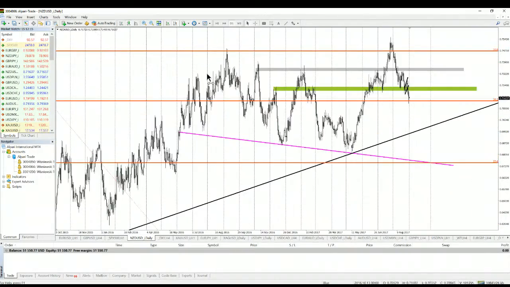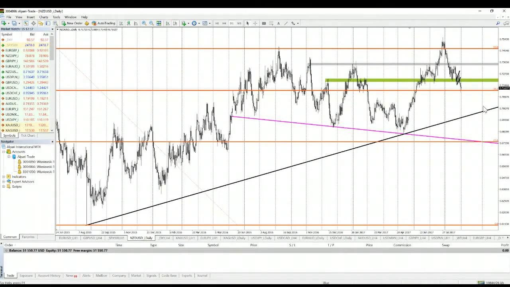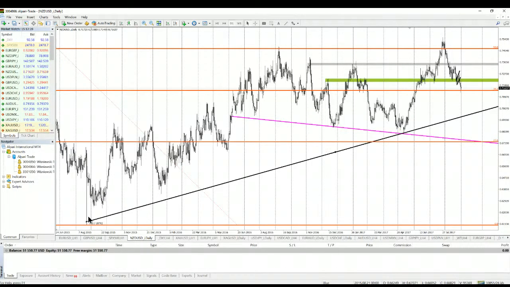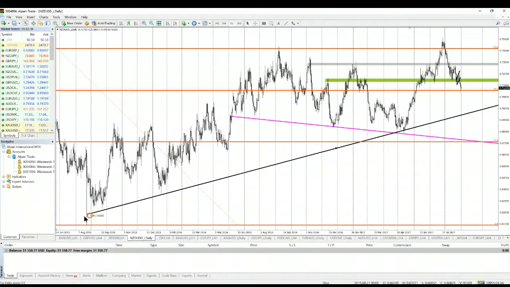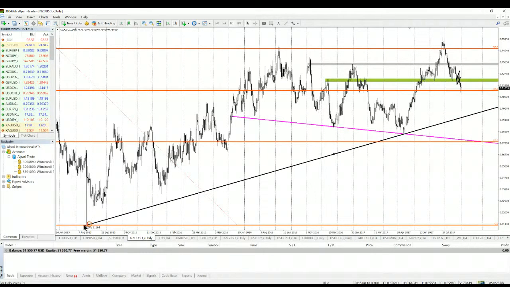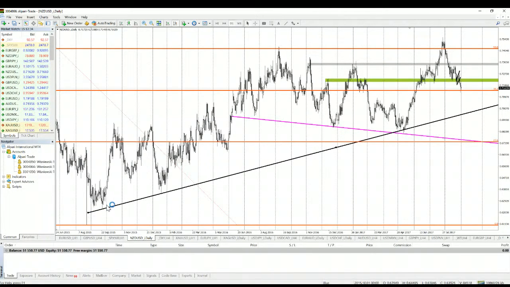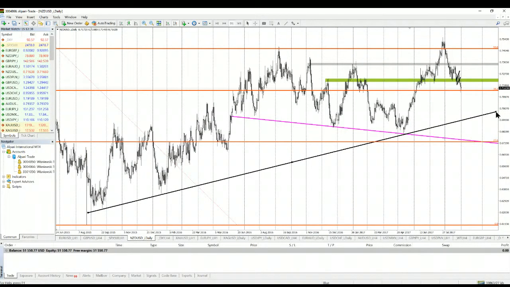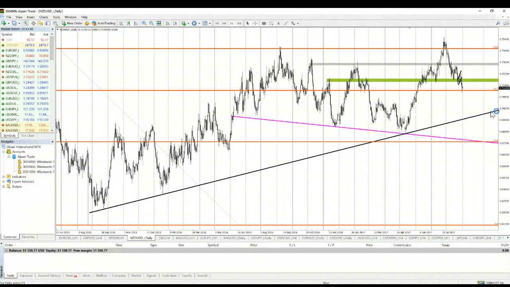And now, in my opinion, the potential target for this movement is the black line connecting recent higher lows, excuse me. If we consider this low, it's higher. If we consider those lows, this one, we have to readjust it, and this line will be a bit lower.